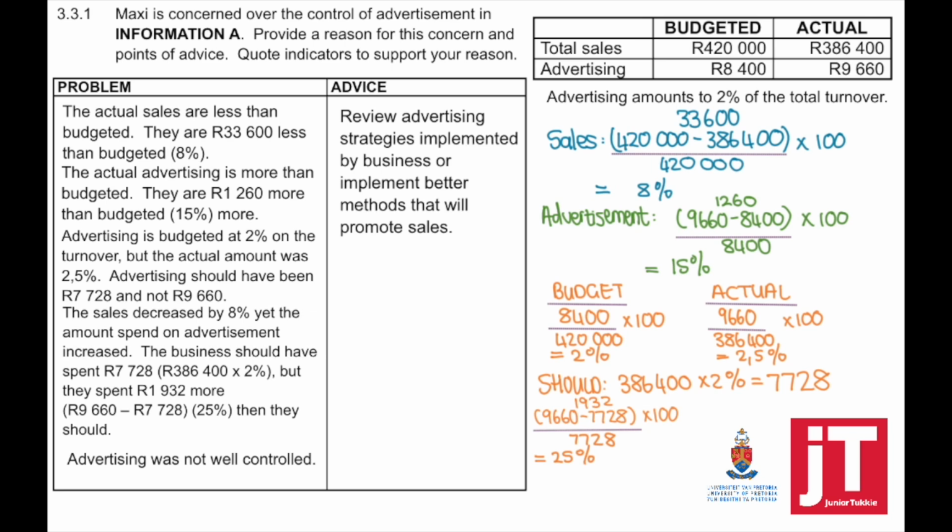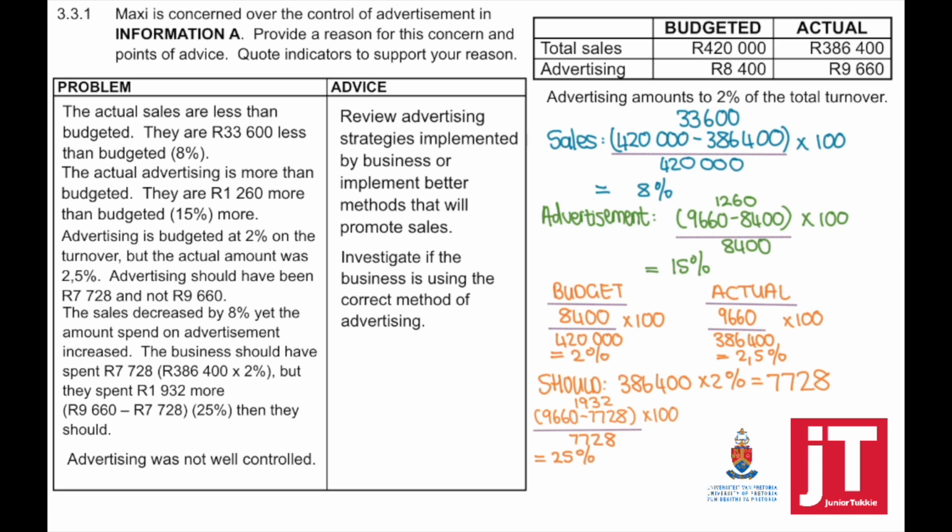So advice, review the advertising strategies implemented by the business or implement better methods that will promote sales. Investigate if the business is using the correct method of advertising. So we could have spent more and we would have thought, well, this might work, but in actual fact, it didn't work.